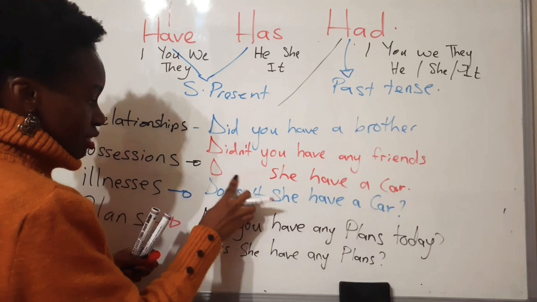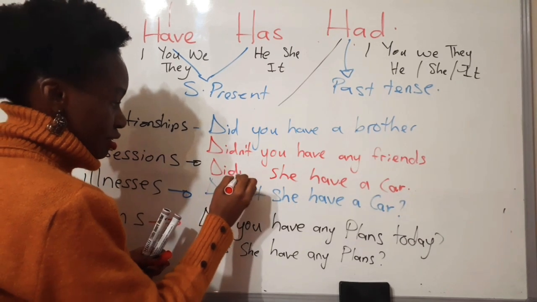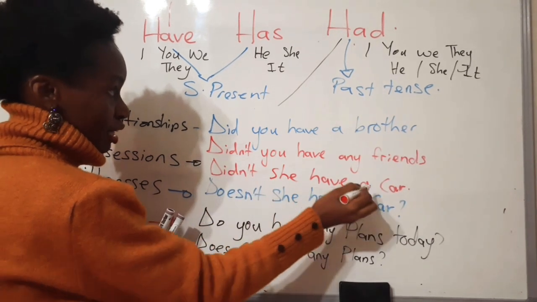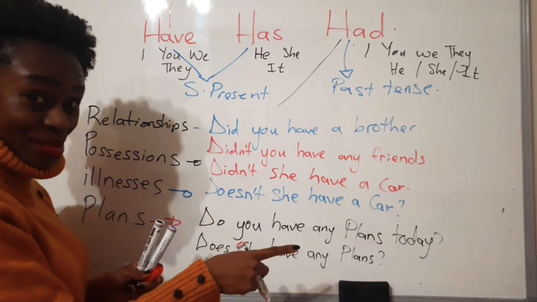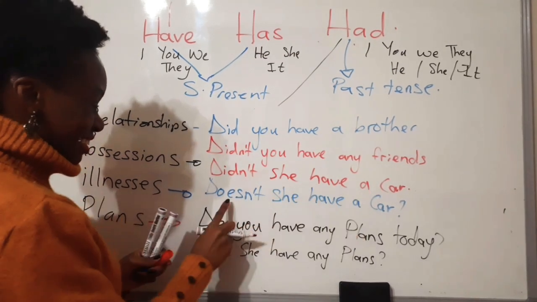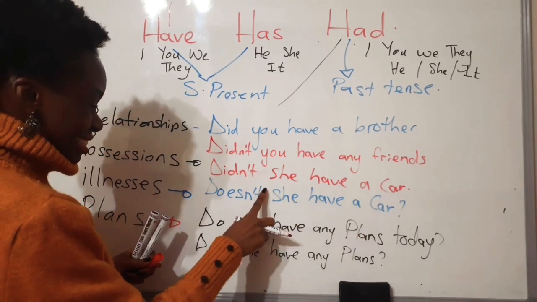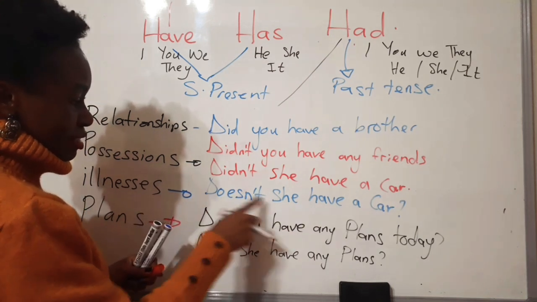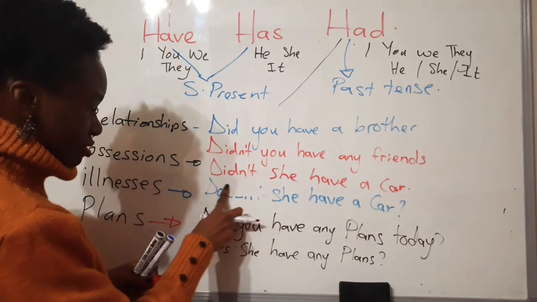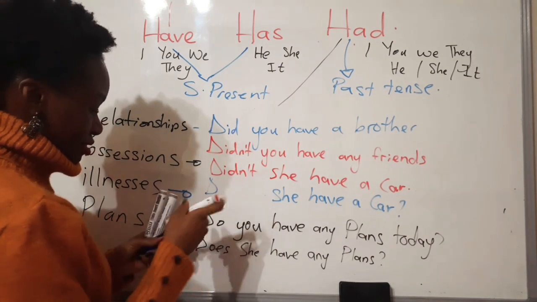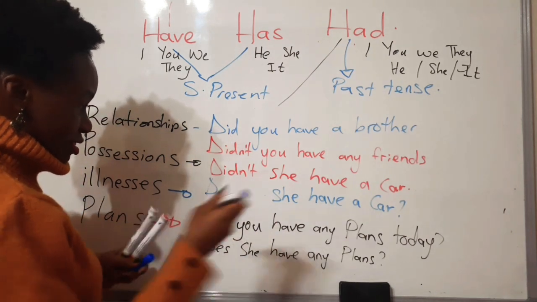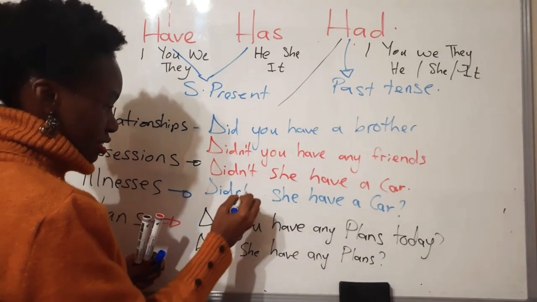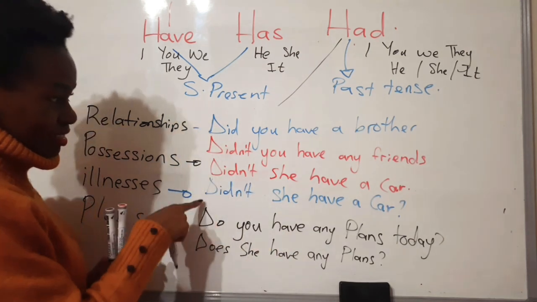We say, didn't she have a car? Not hadn't she have a car. No. Didn't she have a car? Doesn't she have a car? Yeah, this is also, or in the past, didn't she have a car? This is going to be didn't.